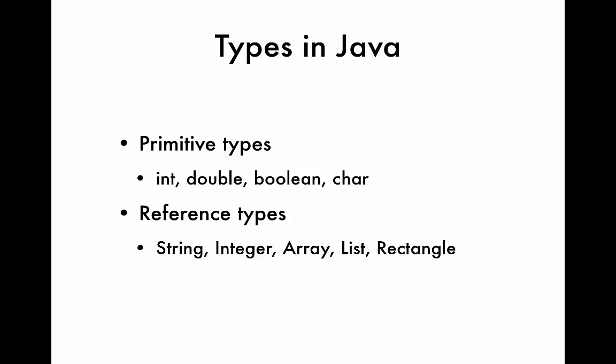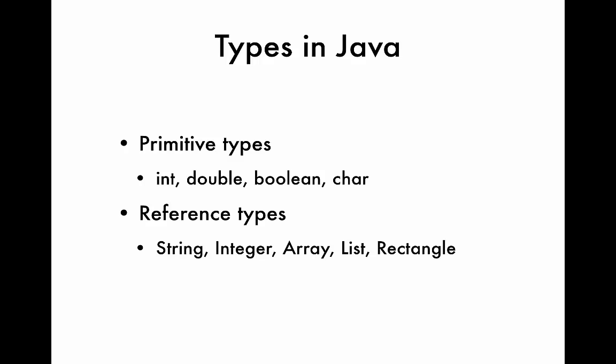Recall that in a previous video we distinguished between primitive types and reference types. With primitive types, a variable holds a value that directly denotes the type, like 47 for an int, 3.14 for a double, or false for a boolean. Reference types are different.